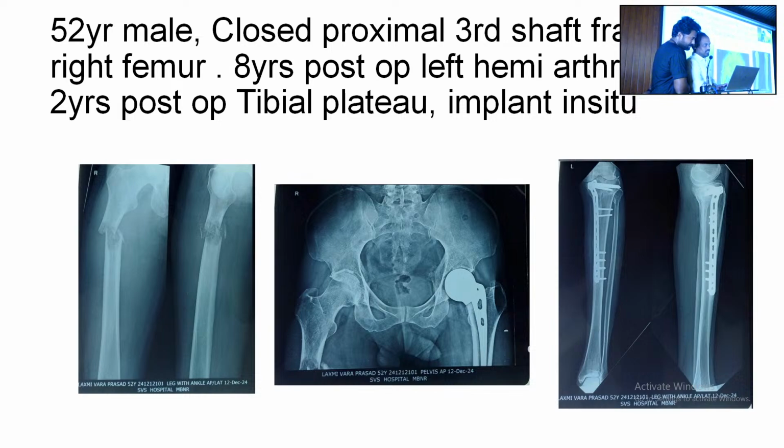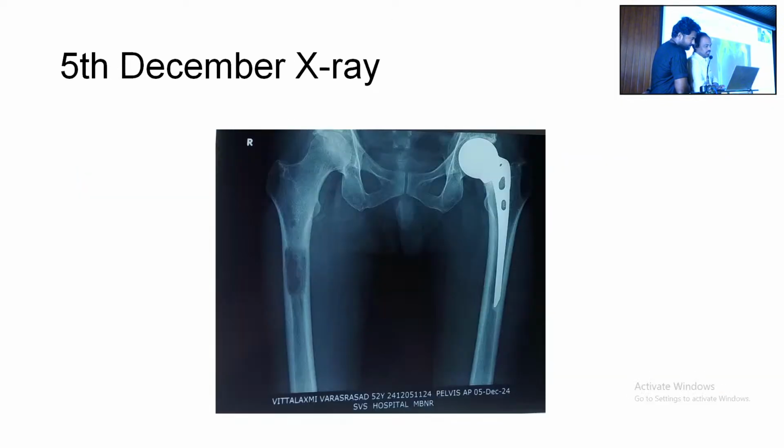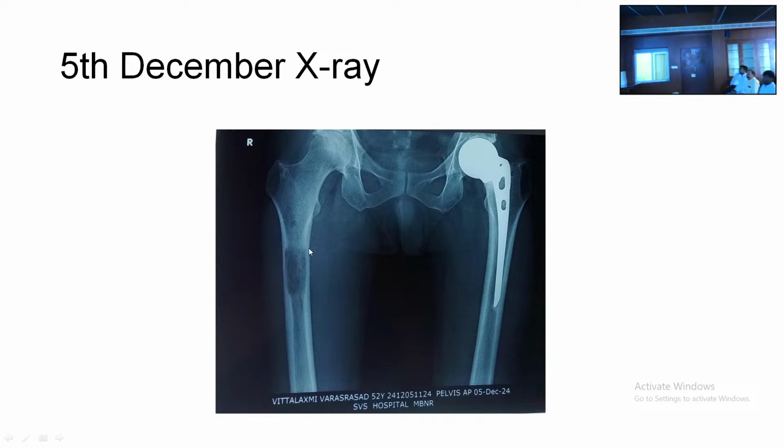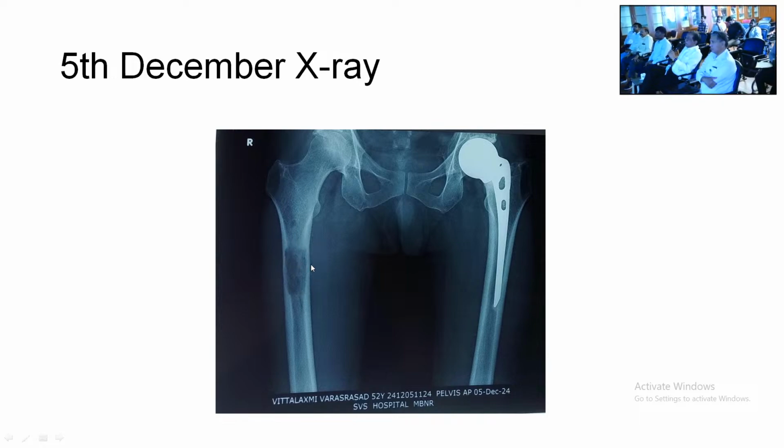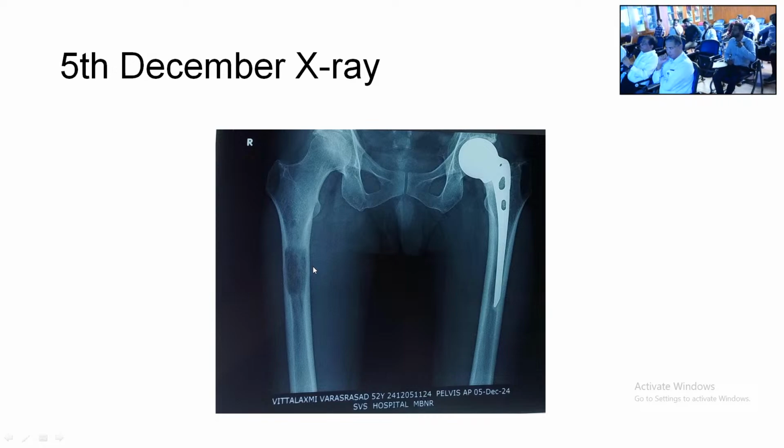So what's the diagnosis? Go back to the previous X-ray. Describe the X-ray. Is it a cystic lesion? It's a lytic lesion, okay. So describe all the findings.